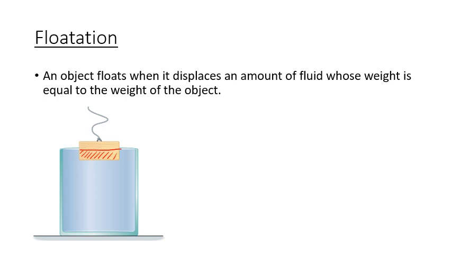And if you measure the weight of the displaced amount of fluid, this weight is equal to the weight of the object. So let's say this is the object weight W, and this is the liquid displaced.